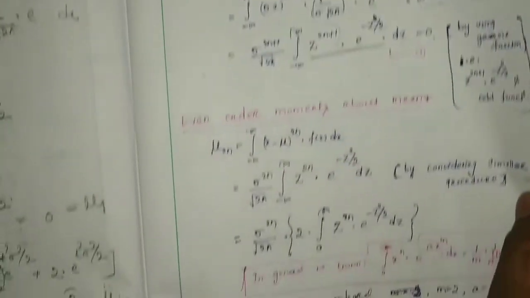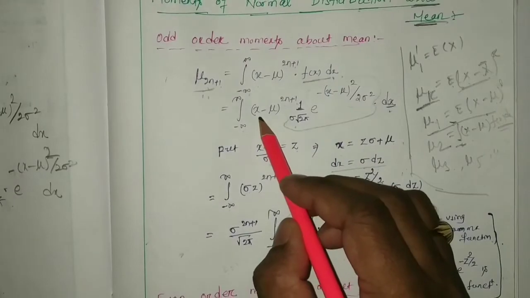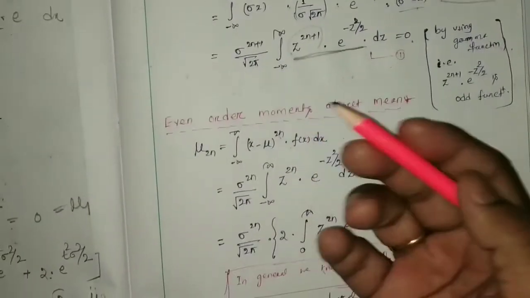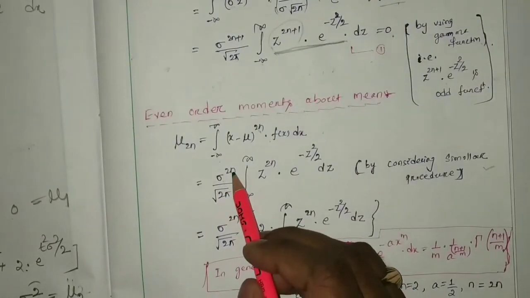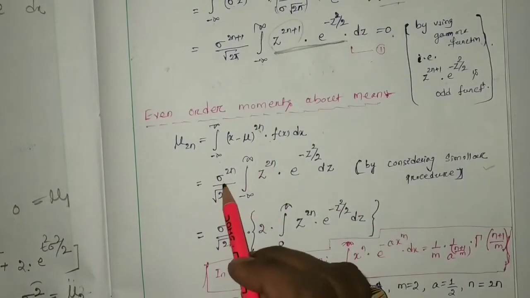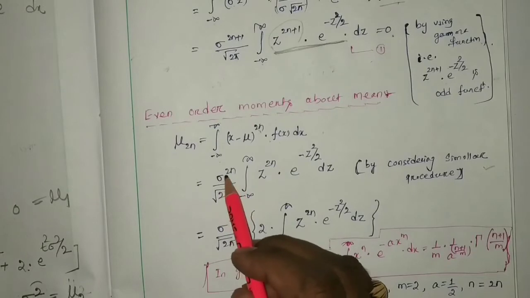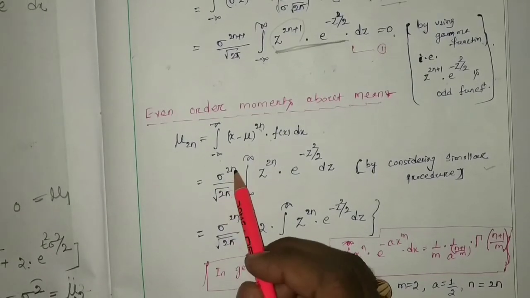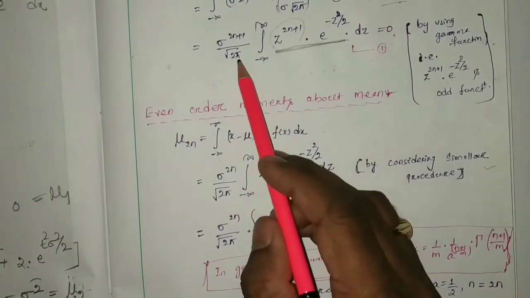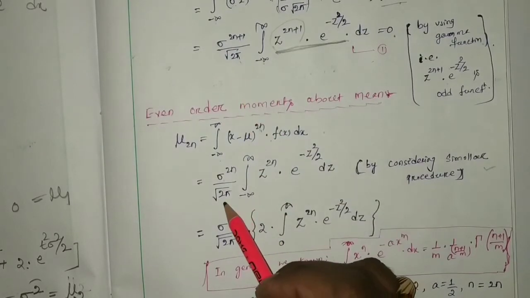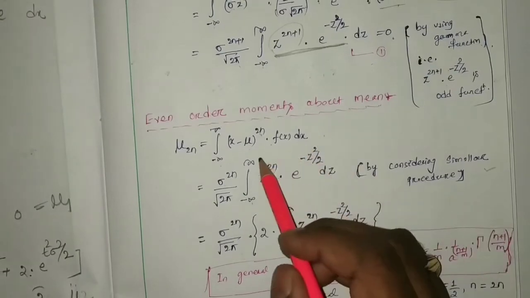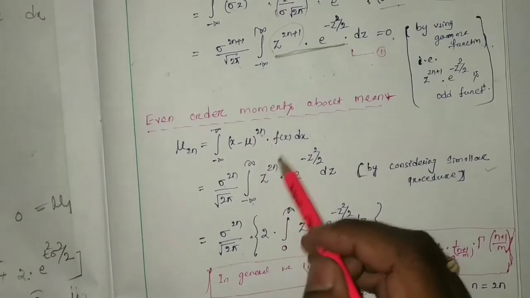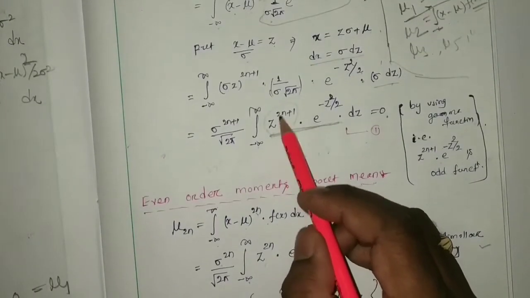So likewise, if we consider the same procedure by substituting this equal to z, what are we going to get? We are going to get sigma to the power 2n, whatever the power is here, the same power will come up on the sigma. So sigma to the power 2n divided by root over 2 pi, integral from minus infinity to plus infinity of z to the power 2n, because here we considered 2n, but earlier it came as z to the power 2n plus 1.